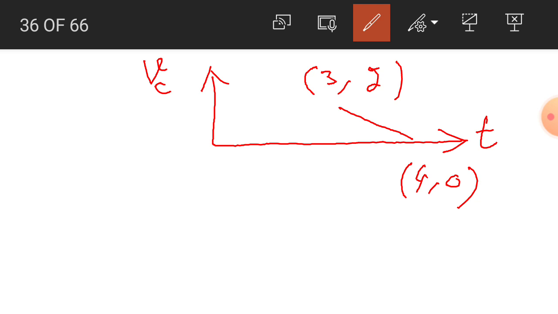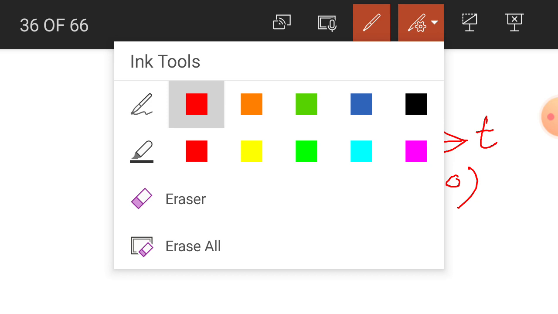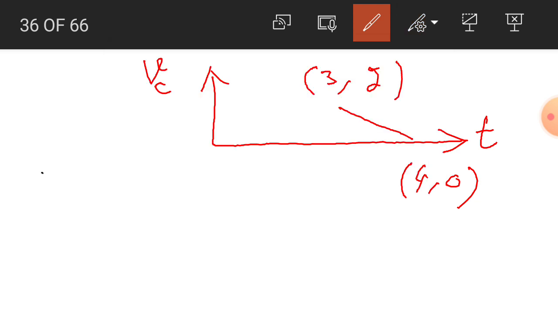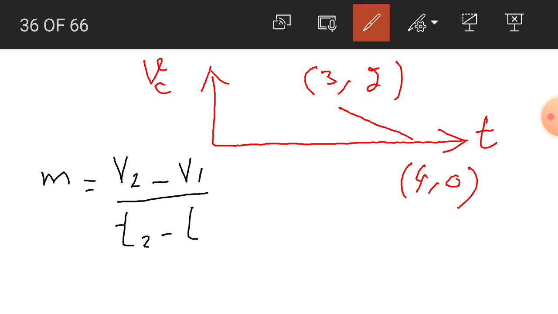So we can calculate the slope of this line. The slope of this line, which is represented by m, will be equal to v2 minus v1 divided by t2 minus t1, where v2 is 0 and v1 is 2.